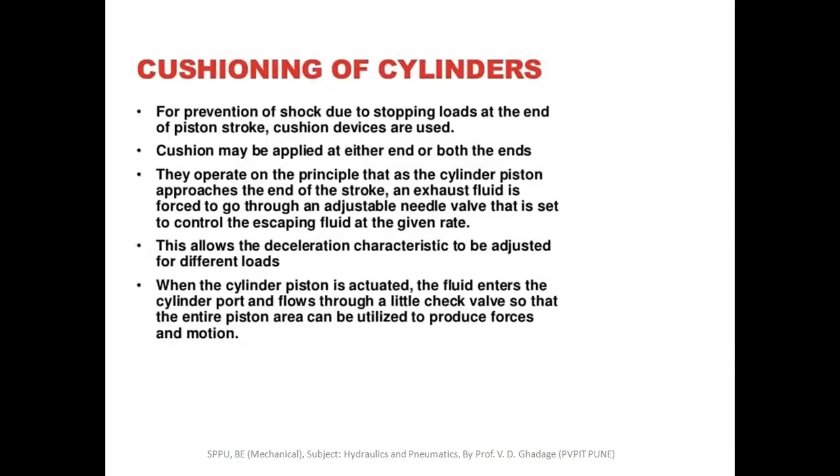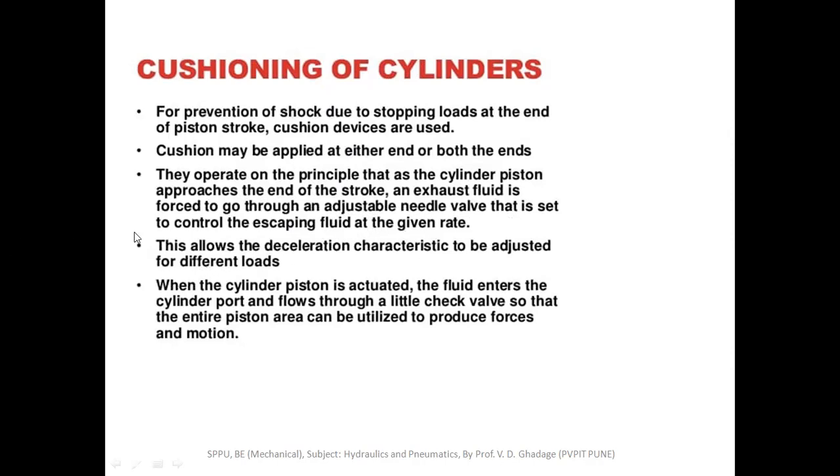Cushioning of cylinder. For prevention of shock due to stopping load at the end of the piston stroke, cushioning devices are used. Cushion may be applied at either end or both ends. They operate on the principle that as the cylinder piston approaches the end of the stroke, the exhaust fluid is forced to go through the adjustable needle valve that is set to control the escaping fluid at a given rate.